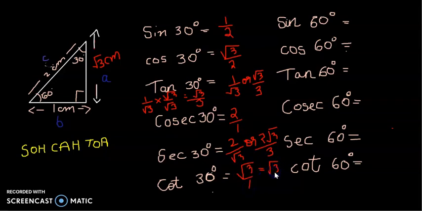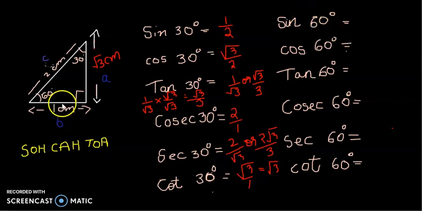Now we have to find the exact trigonometric ratios for 60 degrees. Again, with respect to the angle 60, we decide which is the opposite side and which is the adjacent side. The opposite side to the angle 60 is square root 3, the adjacent is 1, and the hypotenuse is 2.